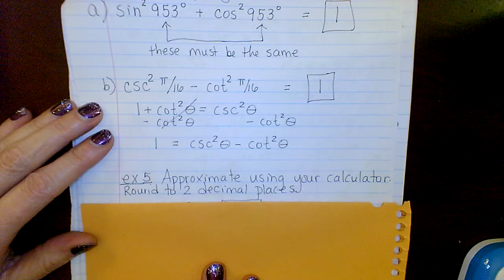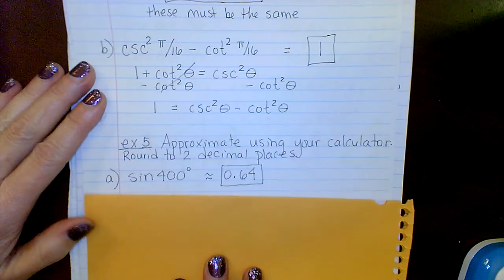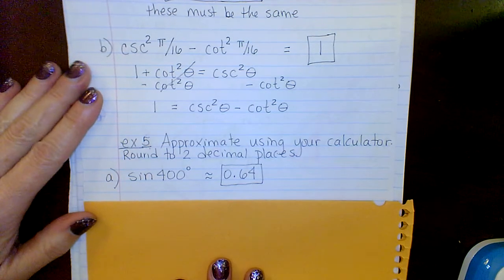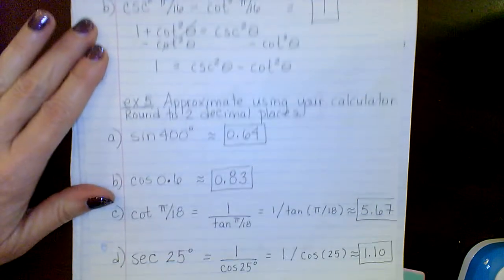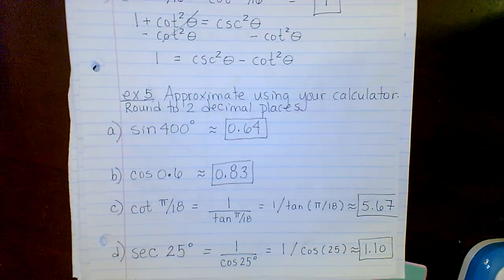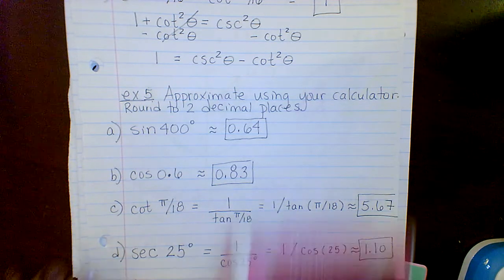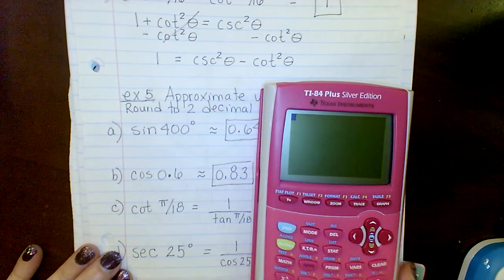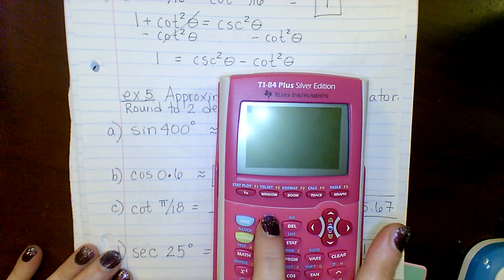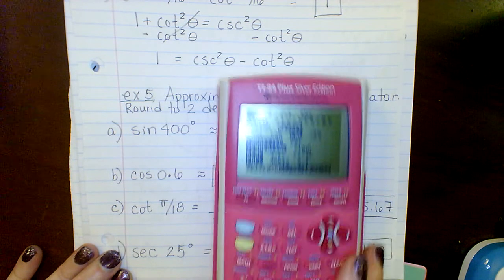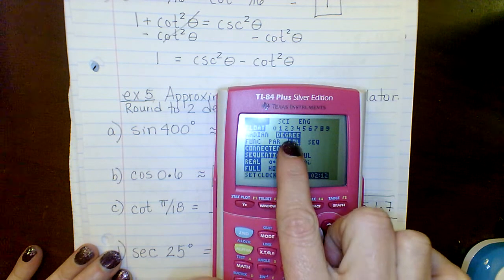All right, so let's do some approximating using the calculator. Just break out your calculator, pause the video, and do these along with me, because I want to make sure that you can use the calculator. First up, that's degrees, so you need to make sure you're in degree mode. We hit the mode button, and for me it's the third line down.